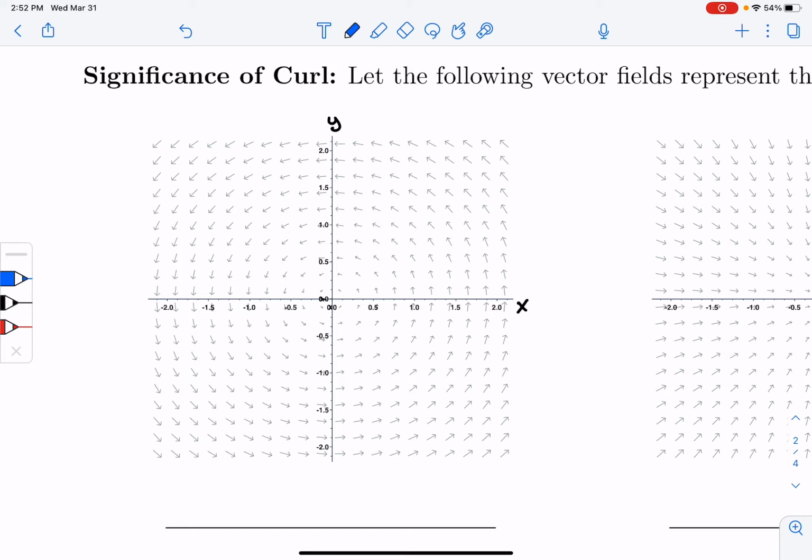So what you can imagine is that I could take a little stick and put it in the fluid like this. And then you see that we have smaller vectors pushing here on this end and larger vectors pushing here on this end.